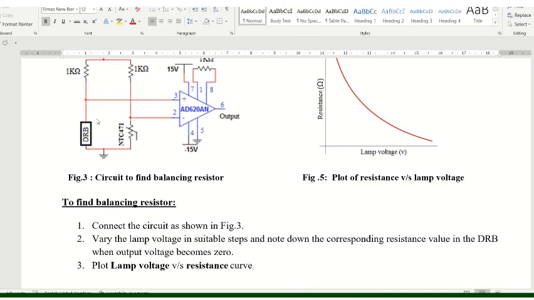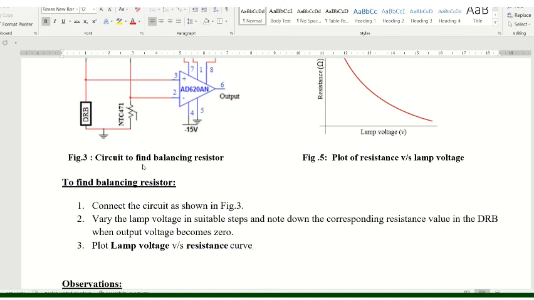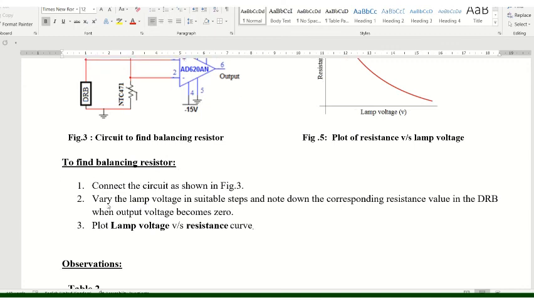We know the balancing condition of the bridge: whenever there is a balance condition and the output we are getting is 0, it means that the resistances in these two arms are equal. So we are trying to match the resistance of the thermistor by comparing it with that of the DRB.